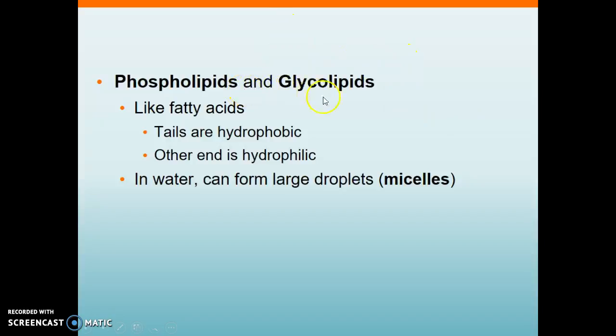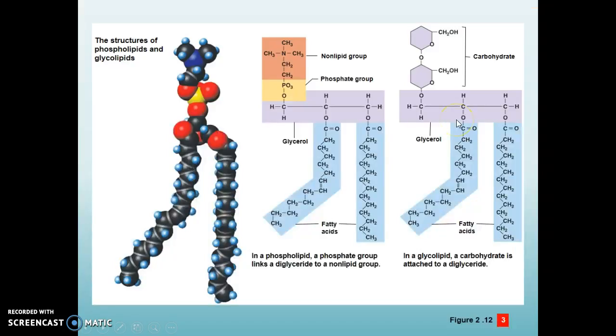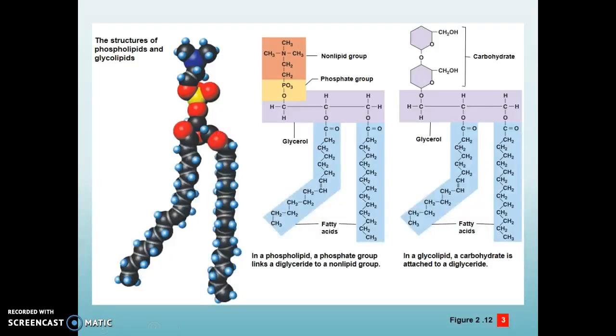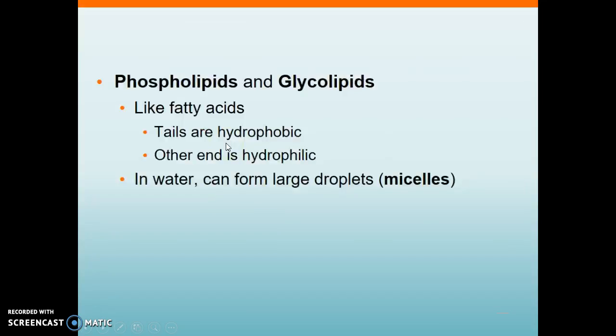So both phospholipids and glycolipids that we were just looking at here are composed of fatty acids. With a fatty acid, one end of the fatty acid is hydrophobic, that is water-hating, and the other is hydrophilic, water-loving. These tails here are the hydrophobic regions, and the head up here is the hydrophilic region.